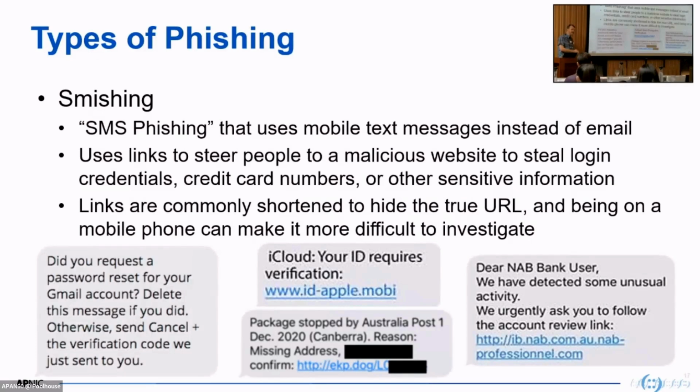Smishing is SMS phishing. So what we have here are examples where these are sent by SMS, text message, to your mobile phone. It's basically like phishing, but it's a lot harder to copy and paste URLs. Mobile phones make it really easy to just click on a link. But if I want to copy that link, it's very difficult.